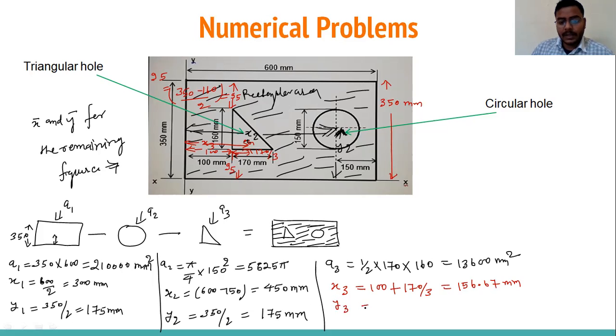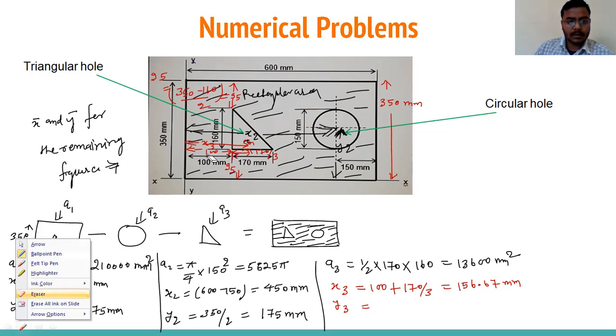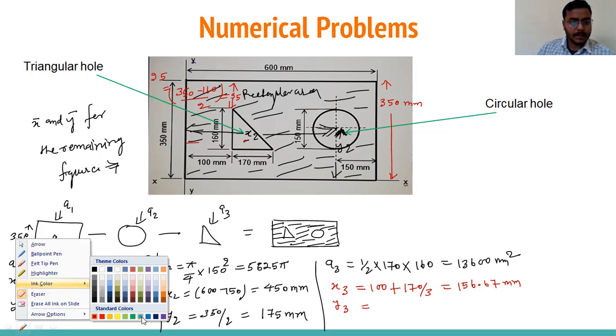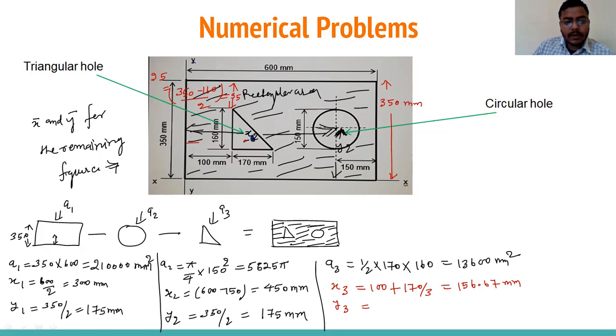Now y3. Again, I have to erase. Suppose the centroid is here.